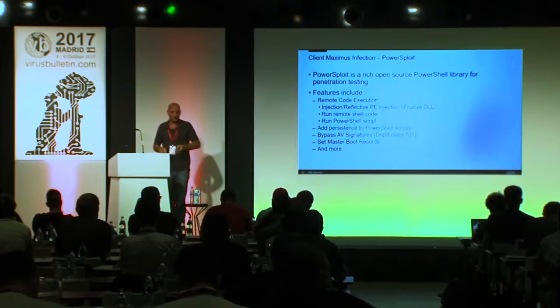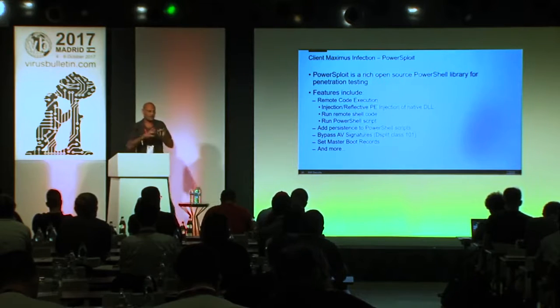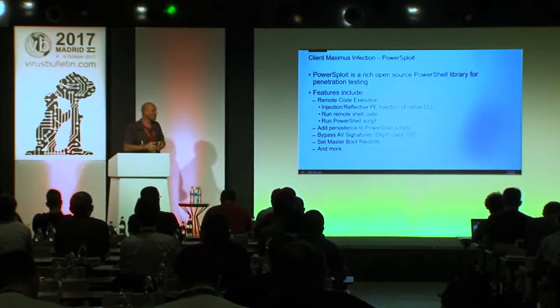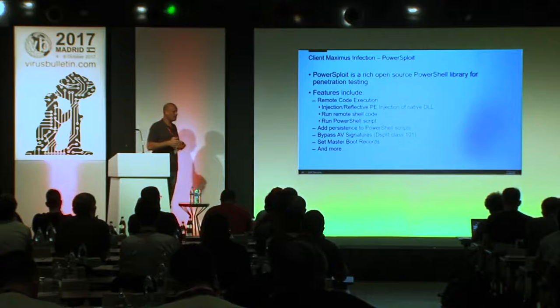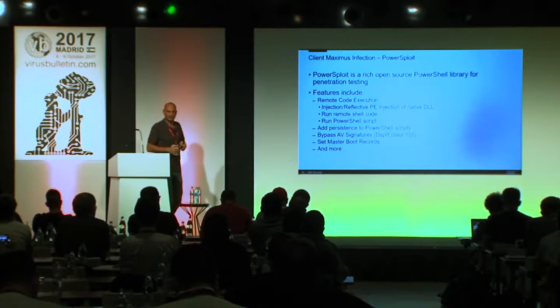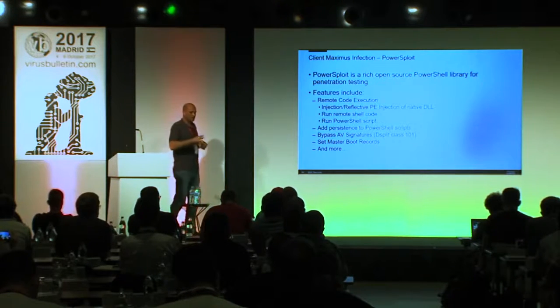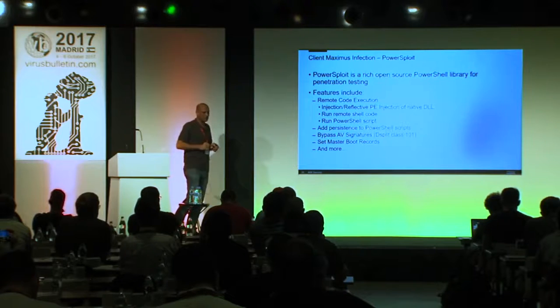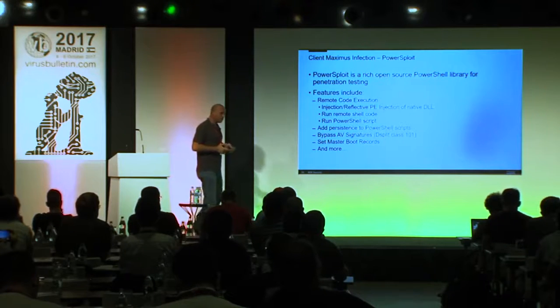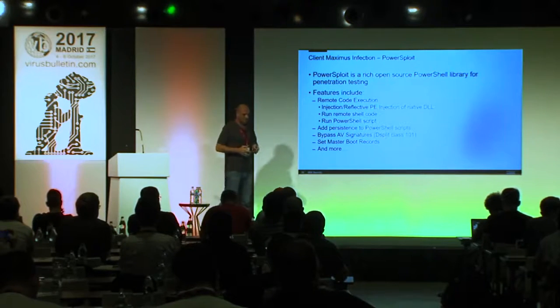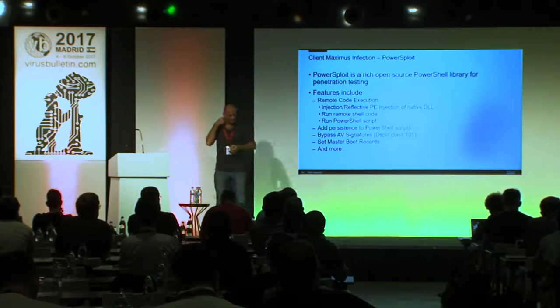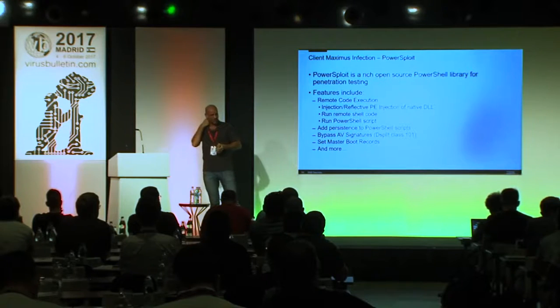It's very nice. They generate an executable and change it until the antivirus does not detect it as a virus. So it has this capability as well. It can set master boot records, which is a cool feature. And the most important one related to what Client Maximus does is remote code execution, right?